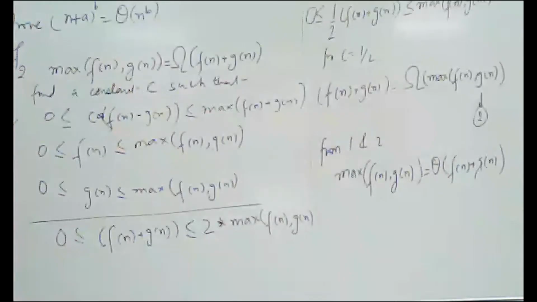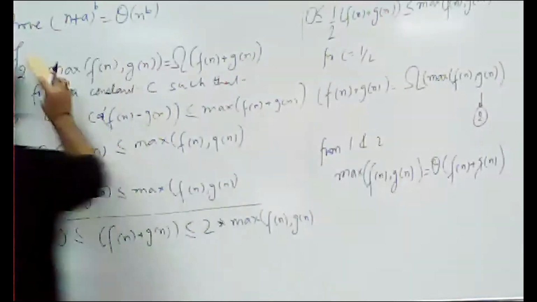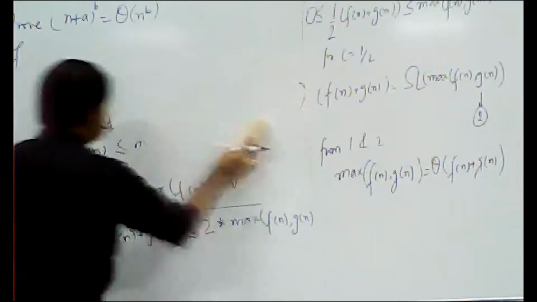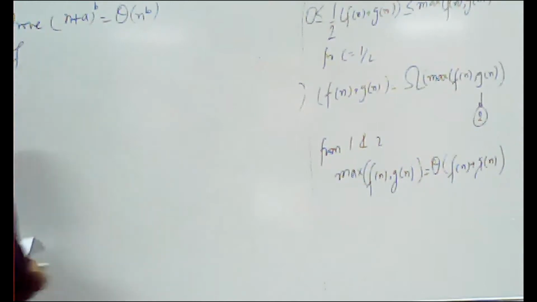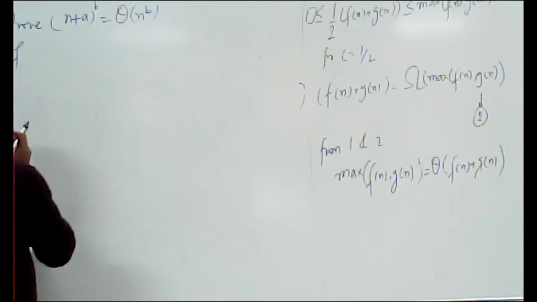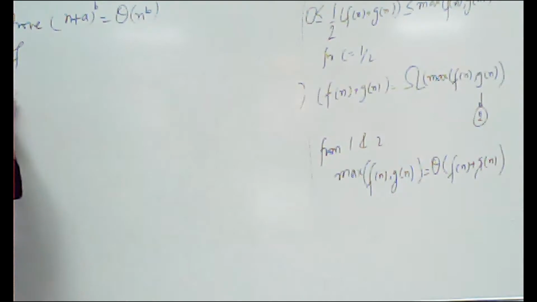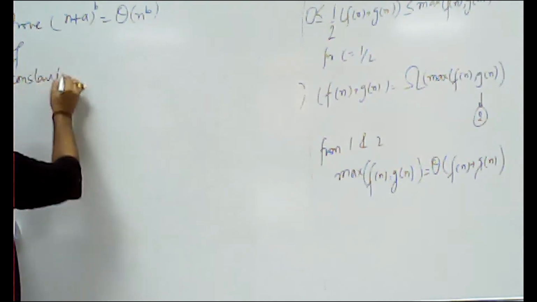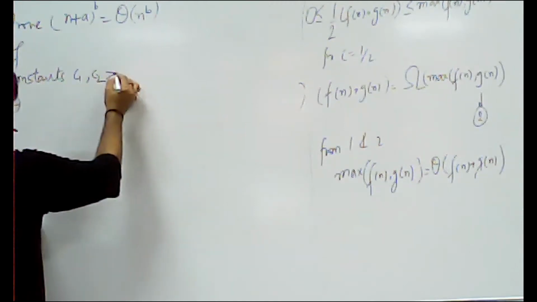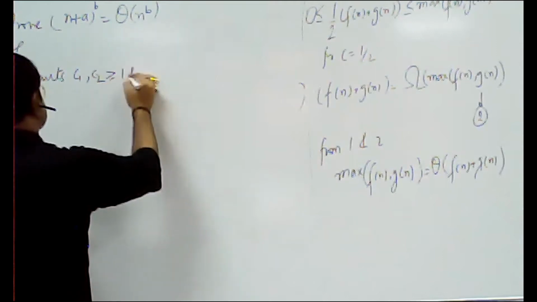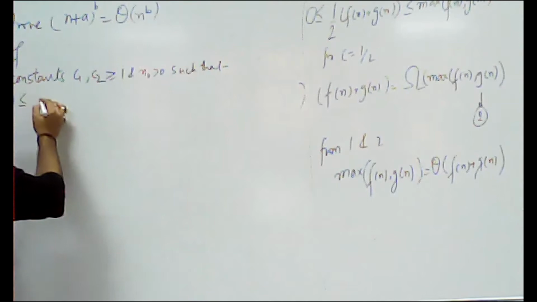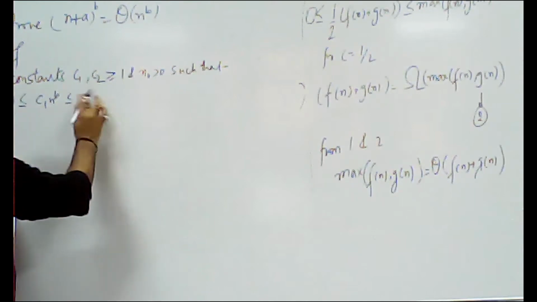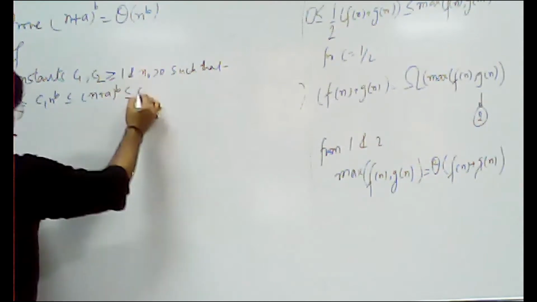Again, we have to prove that it is order of n to the power b and it is omega of n to the power b, then it will automatically be theta.